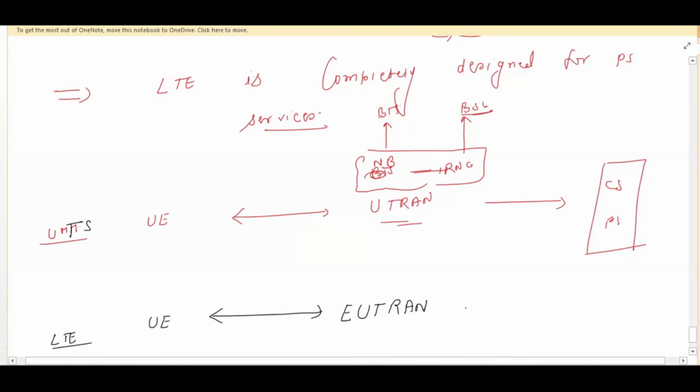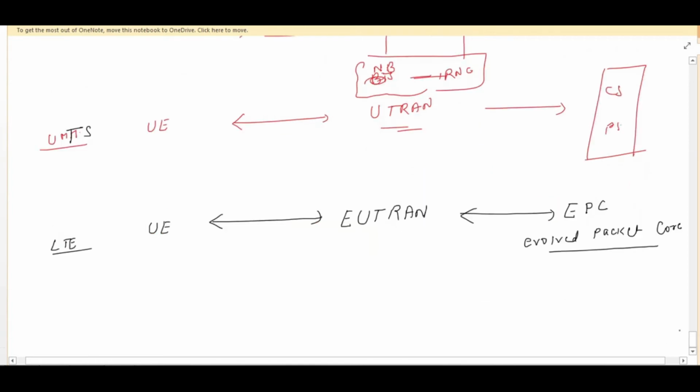And here the core network is known as the evolved packet core, that's called the EPC, evolved packet core. So what is the main difference here compared to the UMTS network architecture in the LTE network? First point I said, LTE is completely designed for PS service.